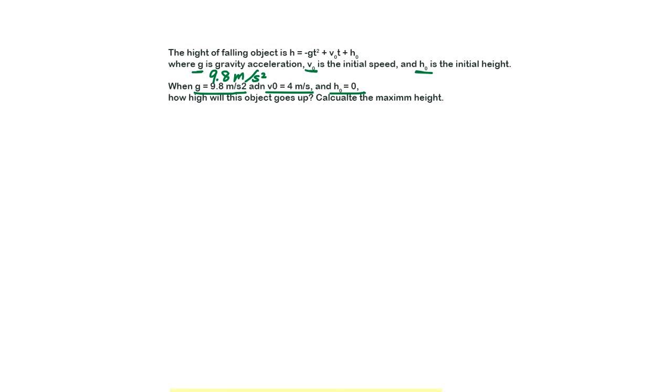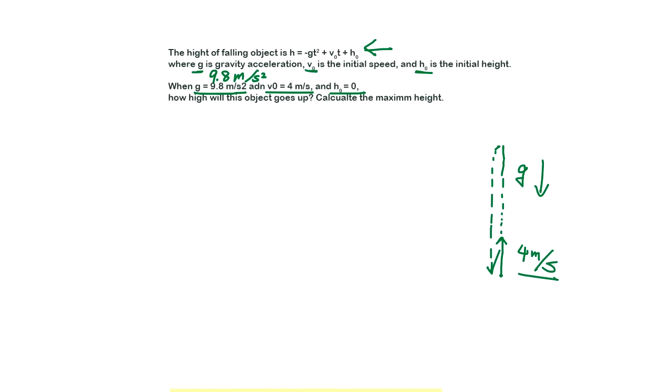So the falling object, what it is saying is the initial speed is 4 meters per second, but it gets decelerated by gravity and comes back, because the acceleration g acts in the opposite direction. That's my interpretation of this problem.